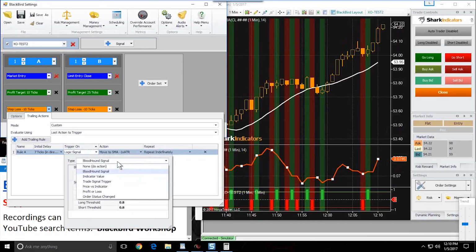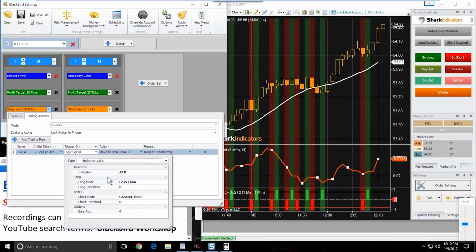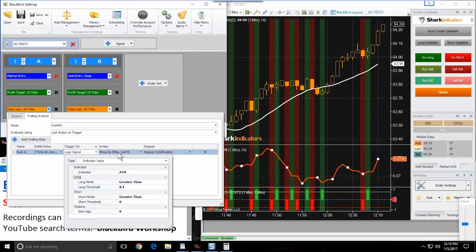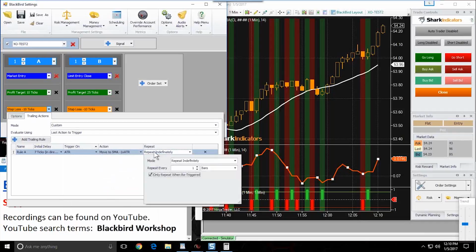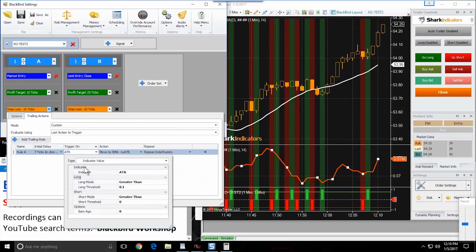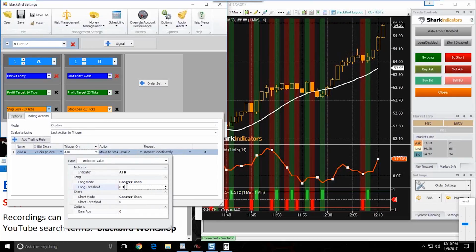So if we're looking for an indicator value, say we need the ATR to go above 0.1, well, the stop loss will only be able to move when the ATR is above 0.1. In other words, our trigger has to re-trigger. And the trigger is only going to re-trigger when the ATR is above 0.1 for this example here.